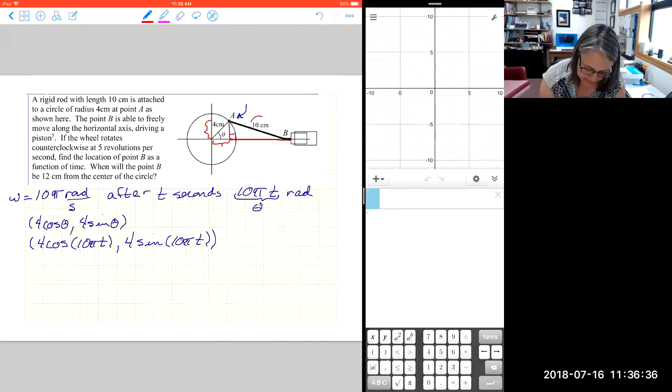And I know this distance because it is the hypotenuse, it's the rod, yes? So once I know that, then I can use the Pythagorean theorem to figure out some other things. So I know x.